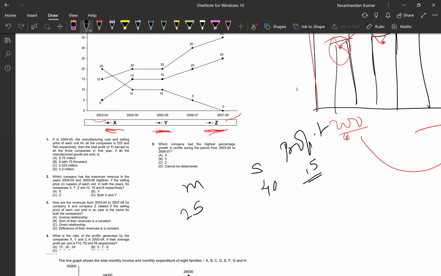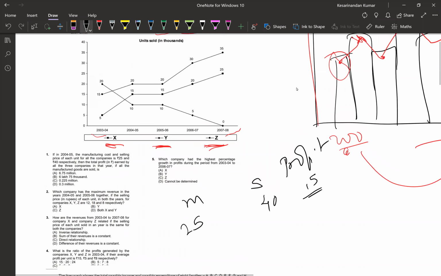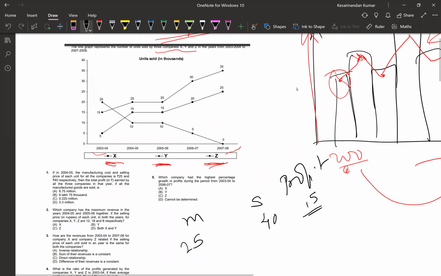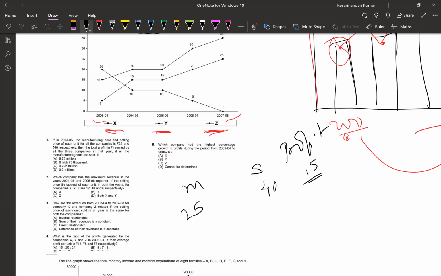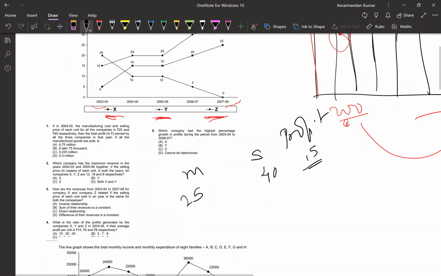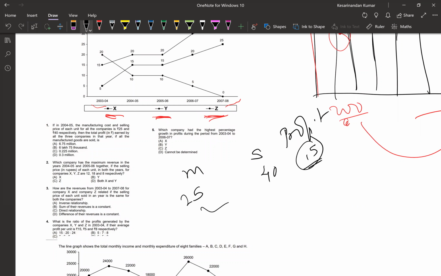Then the total profit earned by all the three companies in that year, if all the manufactured goods are sold. The key point to note is all the goods are sold, and we can see here units are in thousands. Basically start with the profits, then use the number, multiply it, and then start with the calculation part. Do the calculations then, hurry up.